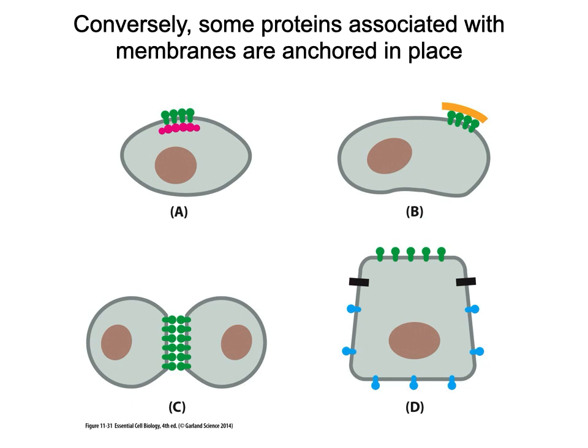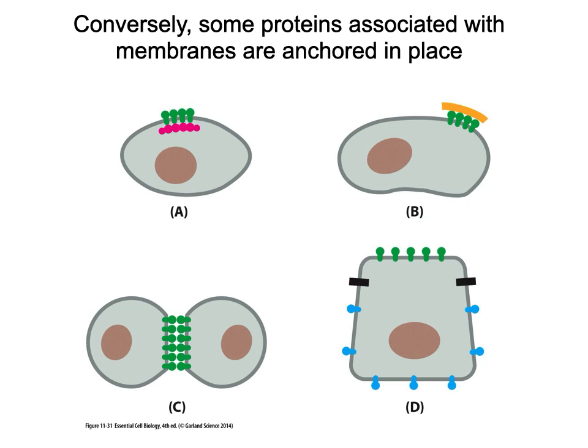If we have cells in a tissue, these can be connective features that make up tissues. And we'll talk more about these in chapter 20, I believe, when we talk about tissues and cell communication.